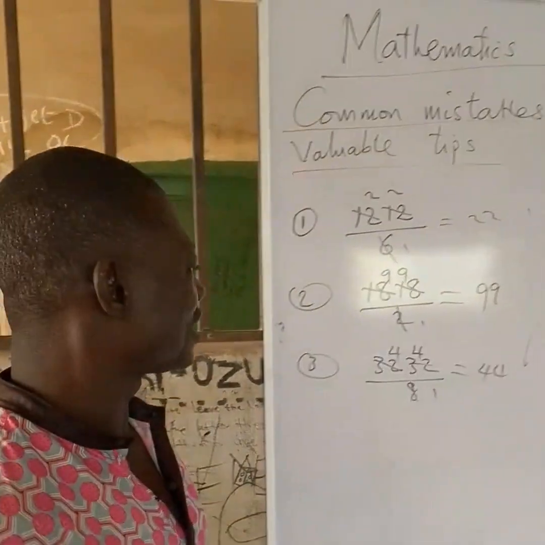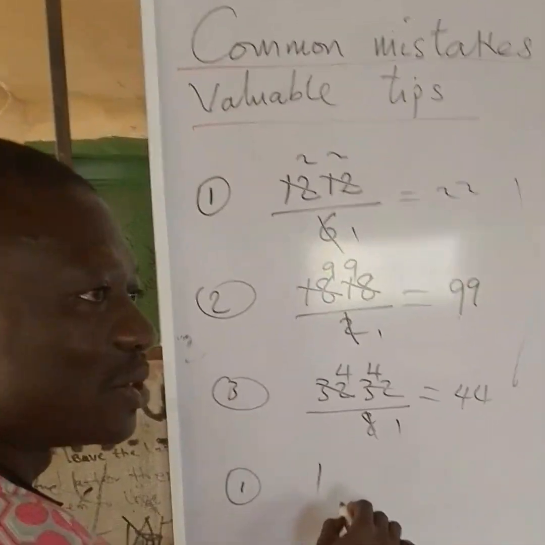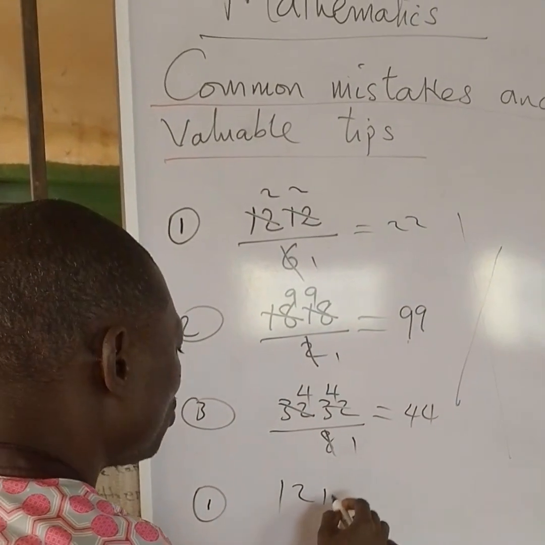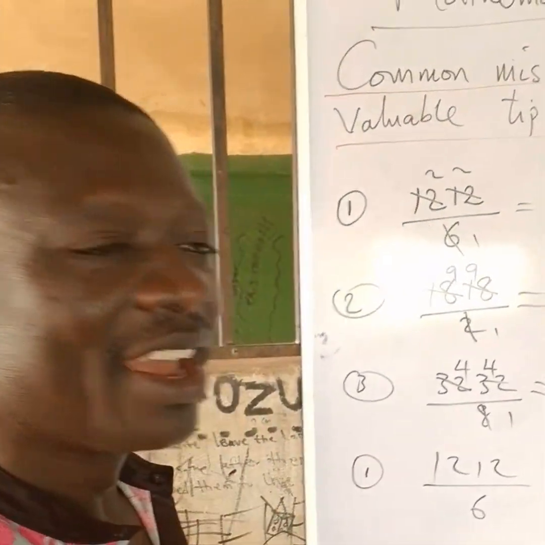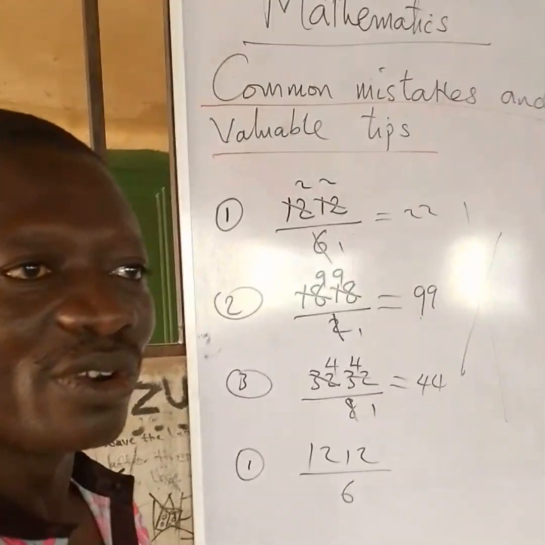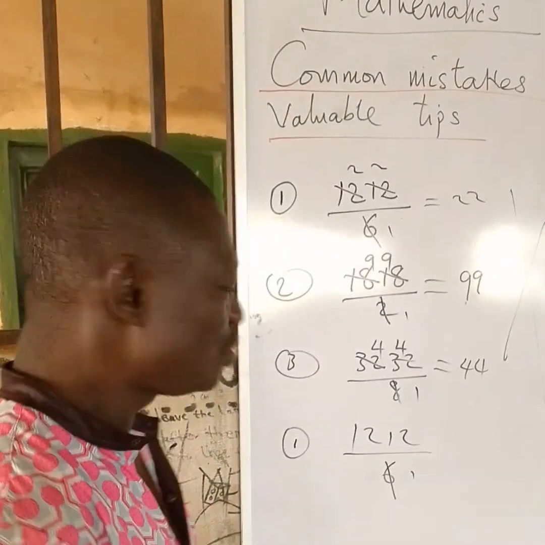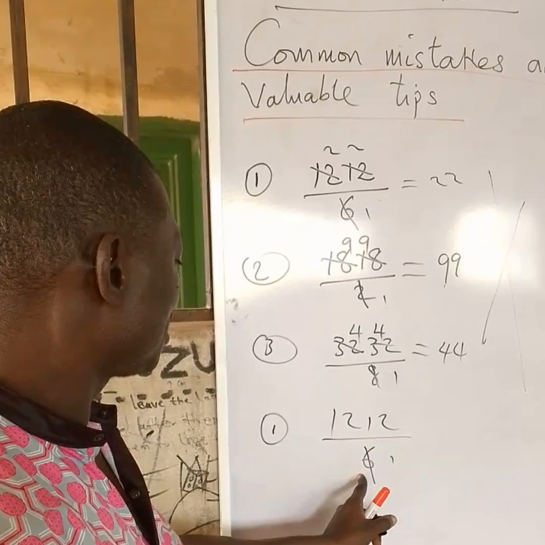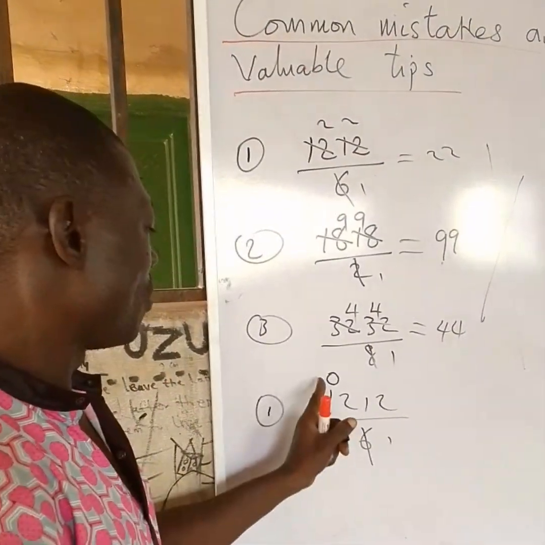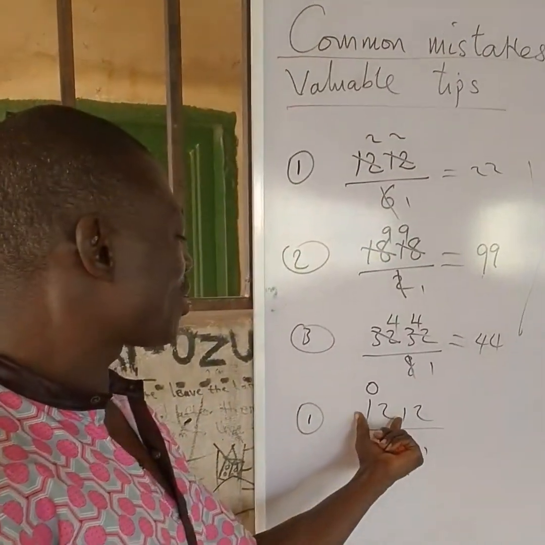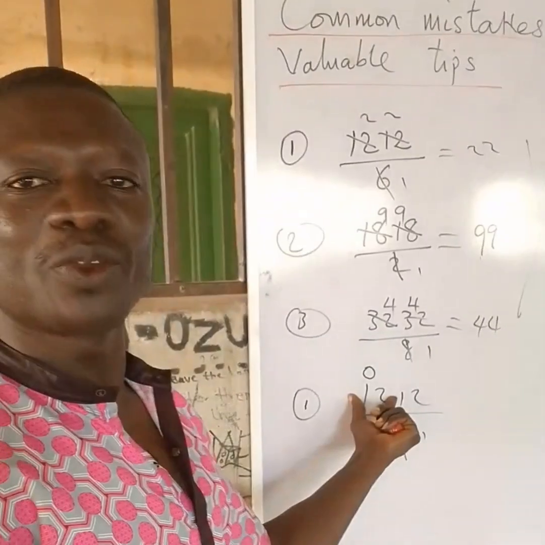If we are dividing, for instance, in number 1, which we have as 1,212 divided by 6, the correct thing to do here is to divide 6 using itself, 1. Do not jump any number. 6 divided into 1, we will not get a whole number, so we write 0 and join the second figure here, which is 2. 6 divided into 12, what do we have?